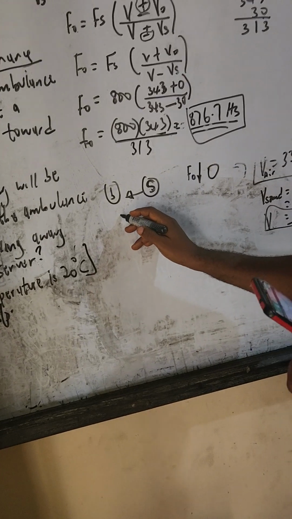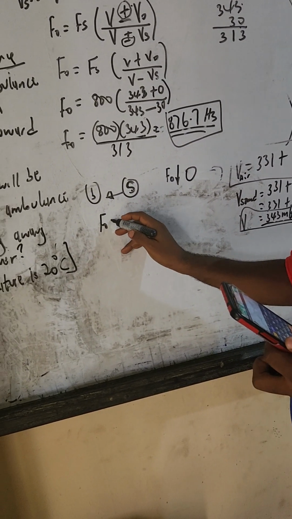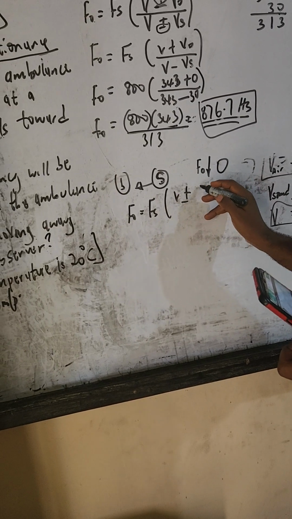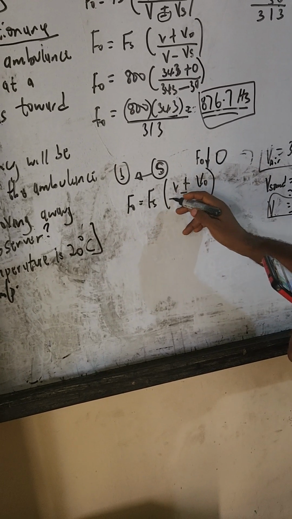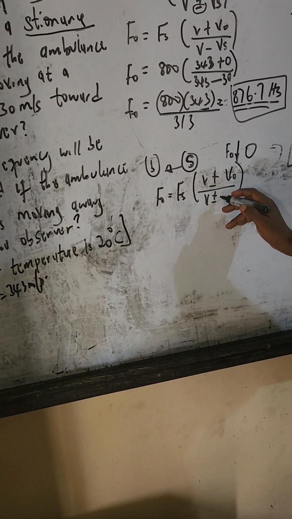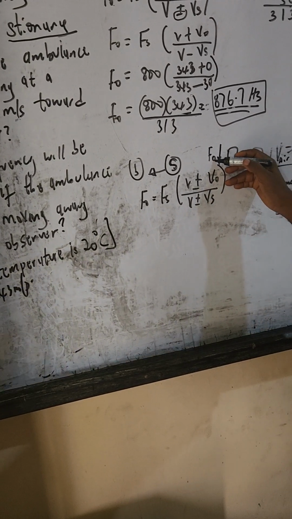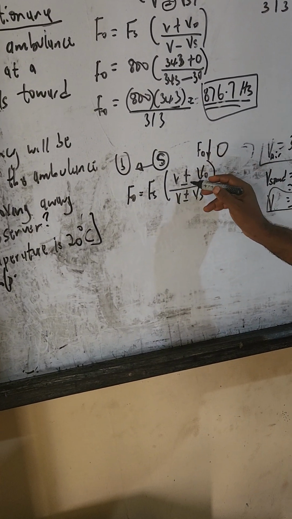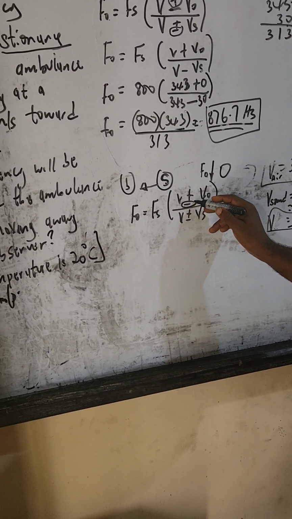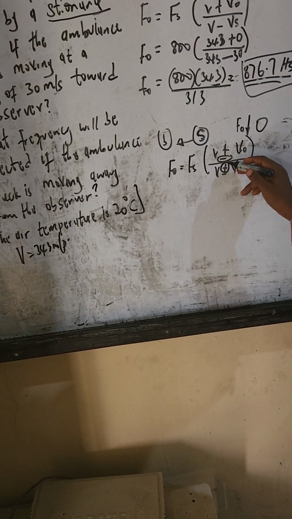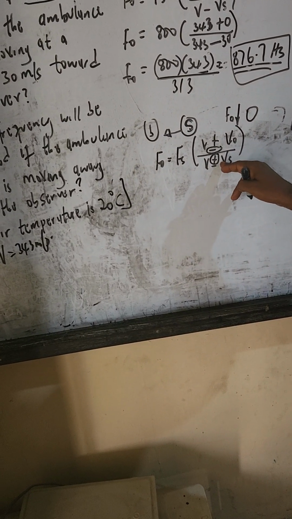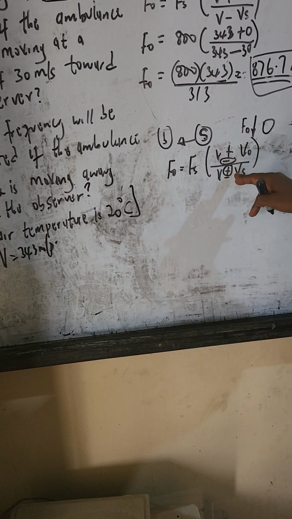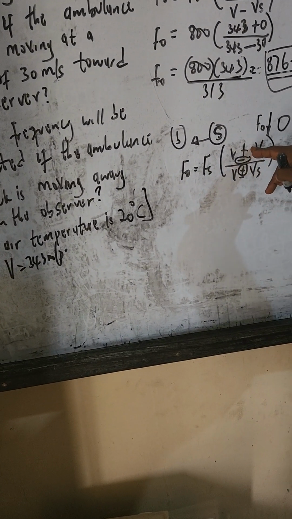So from the equation that we have, F0 is equal to Fs times V plus or minus V0 all over V plus or minus Vs. If this particular F0 must decrease, then we are going to take the negative sign on top and the positive sign at the bottom. That means your denominator must increase while your numerator must decrease.